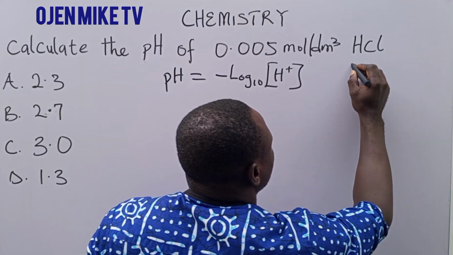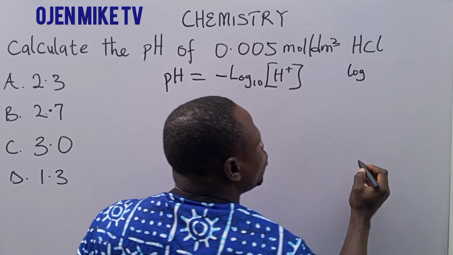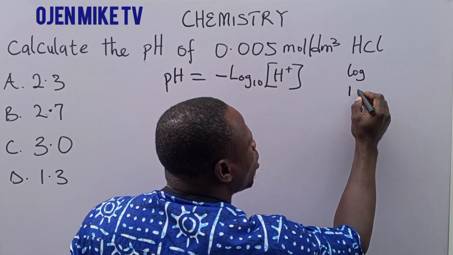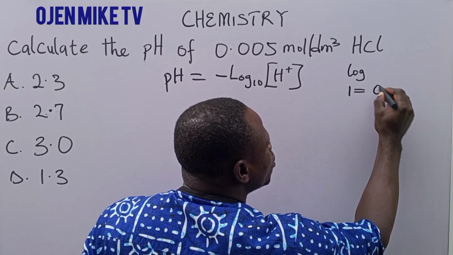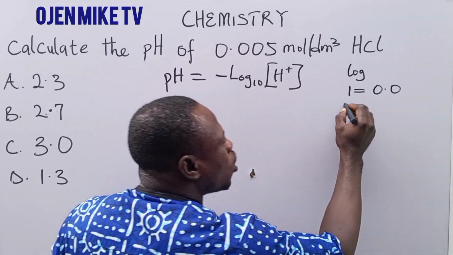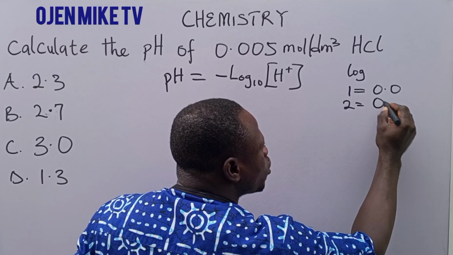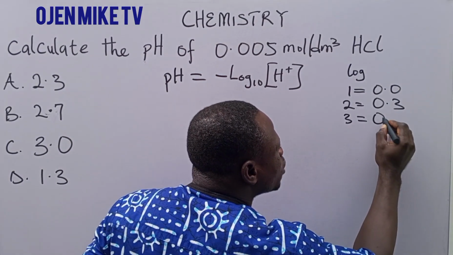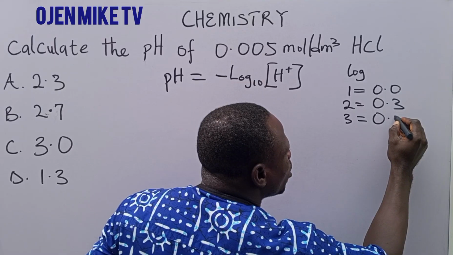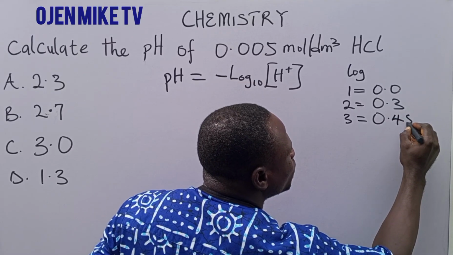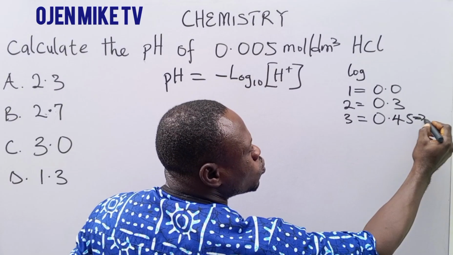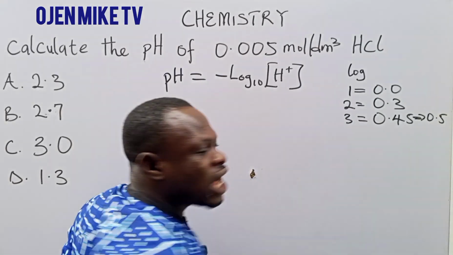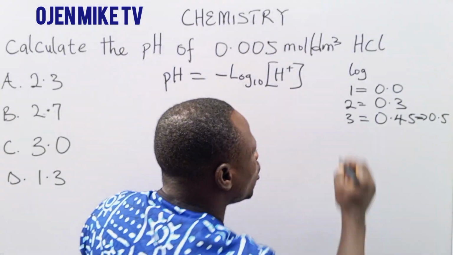We have log 1. Log 1 is equal to 0.0. Log 2 is equal to 0.3. Log 3 is equal to 0.45. You can approximate this one to 0.5, so that you will not get confused.